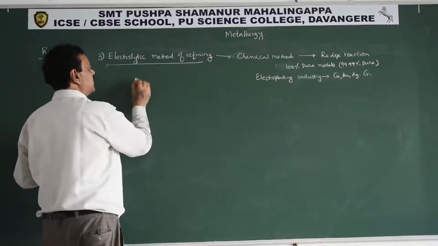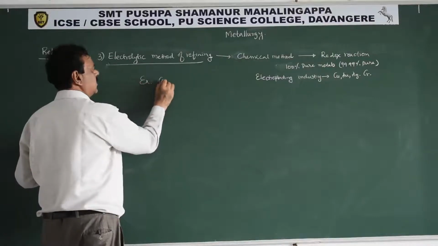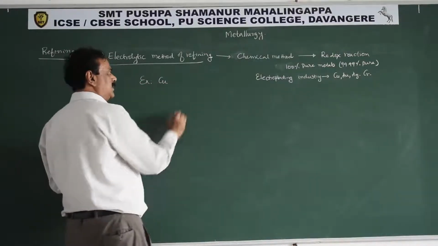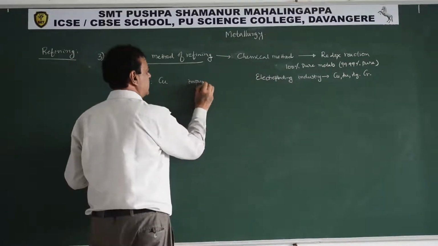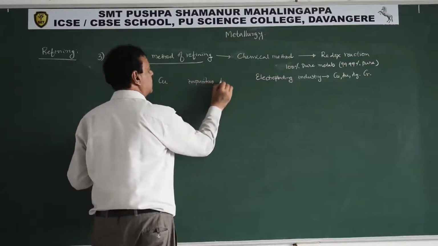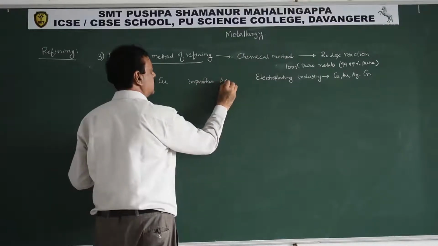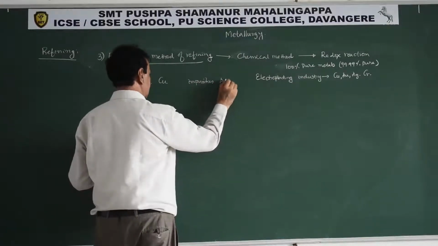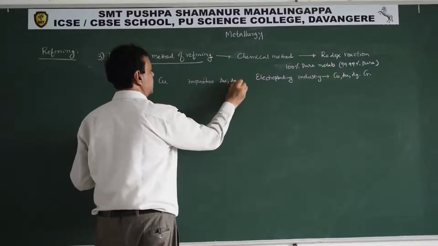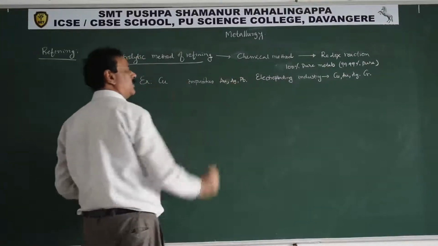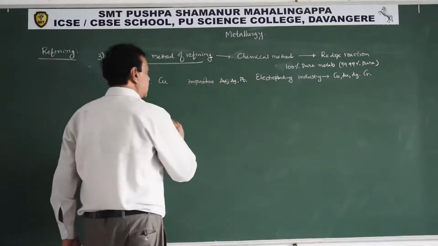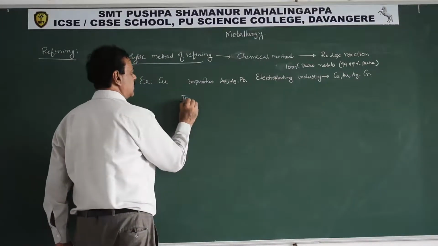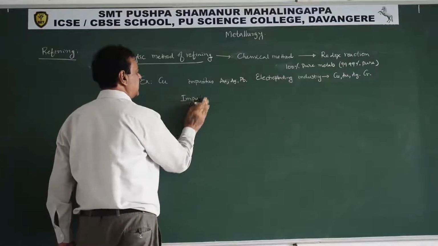Suppose in the extraction of copper, it is associated with impurities, like gold as an impurity, silver as an impurity, lead as an impurity. Here, the impure metal is taken as the anode of an electrolytic cell.